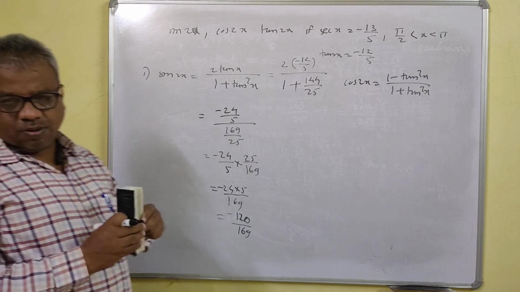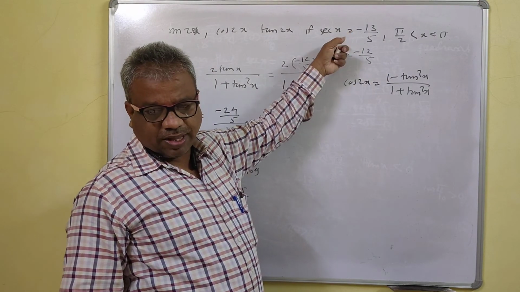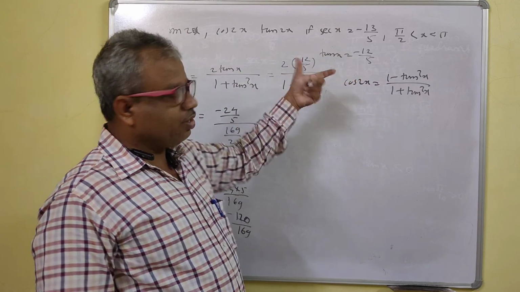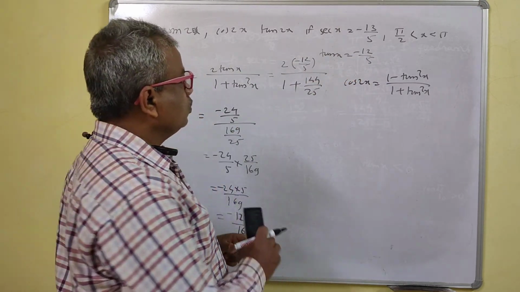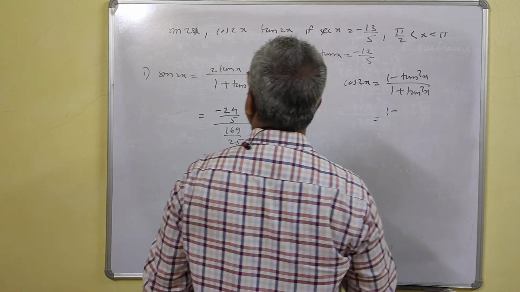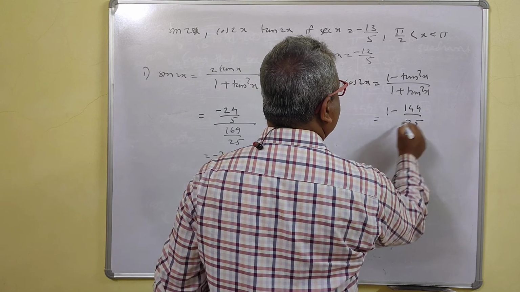Now you have both ways. If you don't remember the formula, with the help of sec x you have the value of cos x, just find sin x and you can apply any formula. So this is 1 minus tan square x, so directly you can take the square, 144 upon 25.